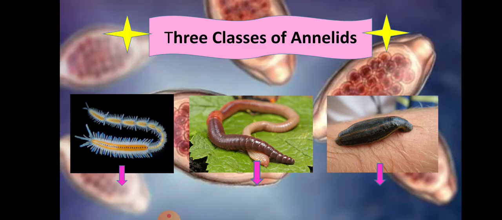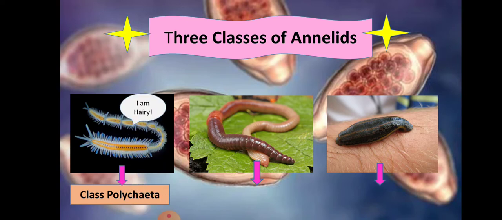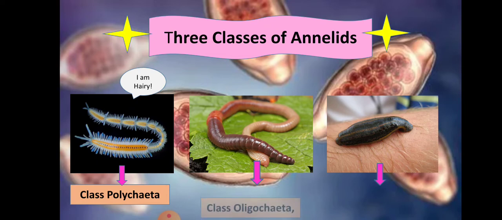So what are the kinds of annelids? Well, there are three classes of annelids. The first one is the class Polychaeta, or the bristleworms. These are marine annelids, and they are usually hairy and less popular compared to the others.